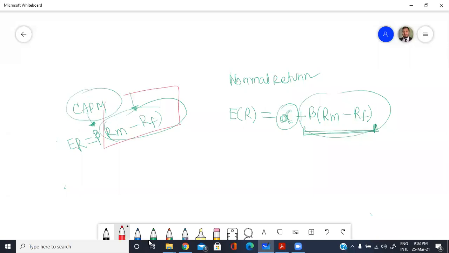This portion remains constant for all stocks. Yes, sir. The market risk premium is the constant for all stocks, which varies. So it is the proportionality factor, and it is the beta to which market excess return of a stock is directly proportional.